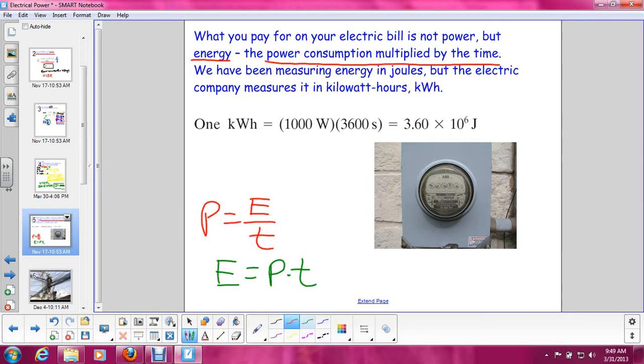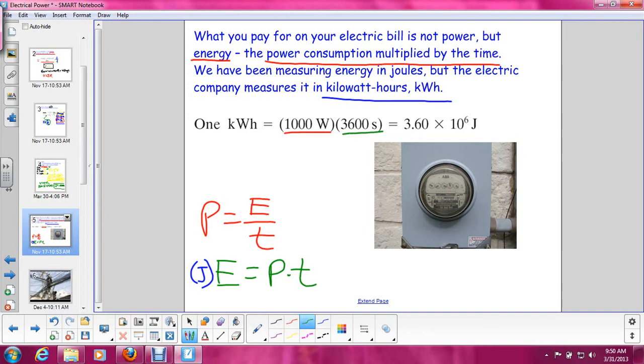Typically, we measure that in joules, right? Energy is measured in joules. But the electric company measures it in something called kilowatt hours. So they take watts, but they measure it in kilowatts because we use a lot of it. And then you multiply it by time, hours. 1 kilowatt hour is 1,000 watts because kilo means 1,000.